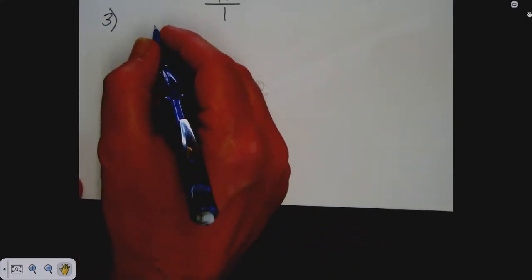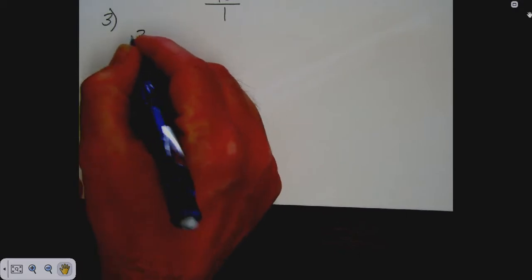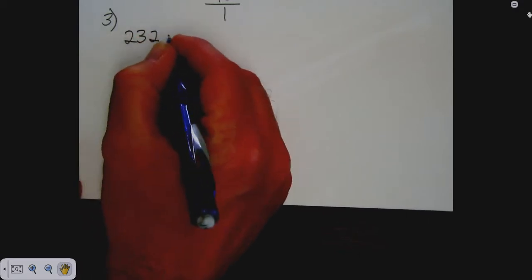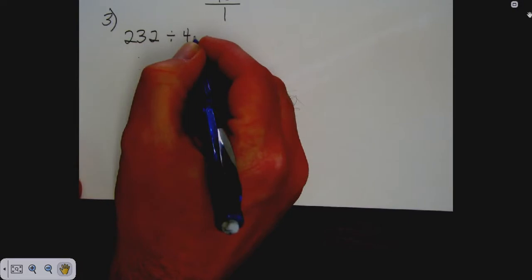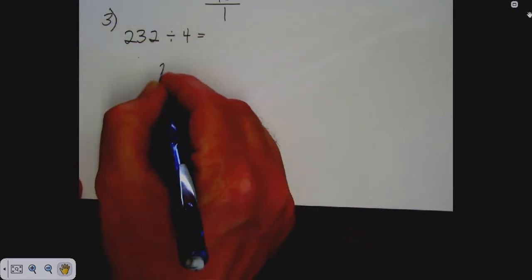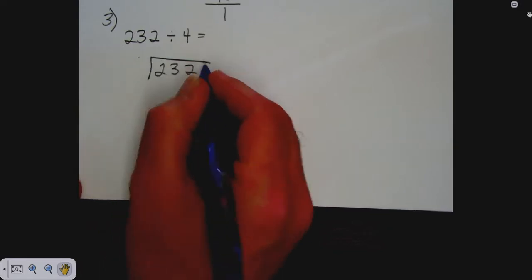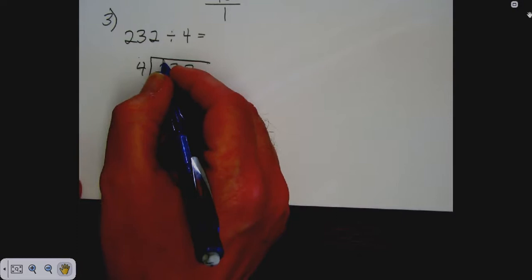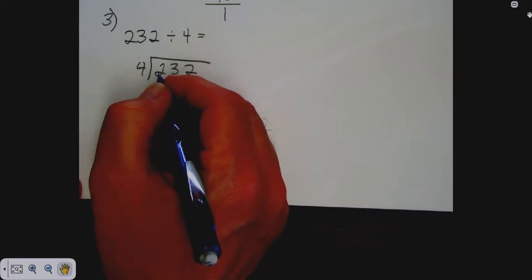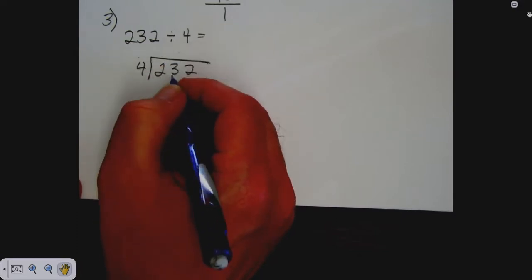Let's go with a couple other examples here. The next one I'll say is our example 3. Example 3 is going to be 232 divided by 4. Again, 232 goes in the garage, divided by 4. 4 doesn't go into 2. 4 does go into 23.